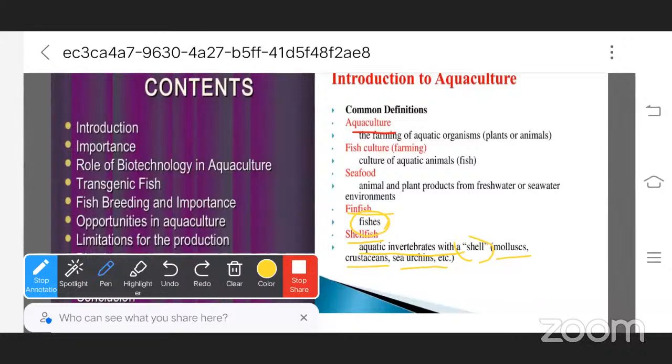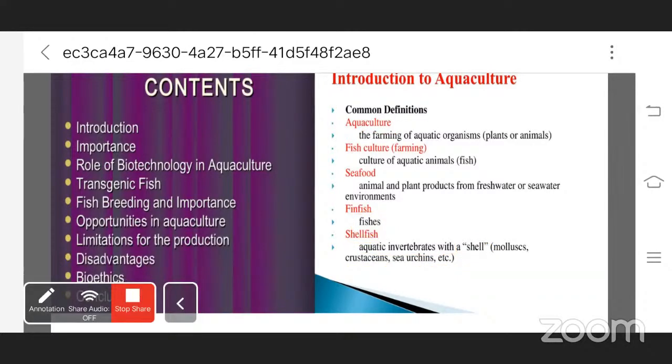So these aquacultural practices evolved among the people in the ancient days, but as technology is raised, automatically we are gaining more knowledge and using more technology.